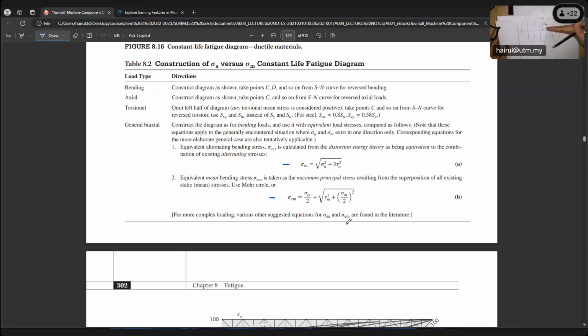The average, the limit is Sut. But Sy, yield strength, is actually lower than your Sut. So this is your yield strength. Yield strength tensile, because the positive side is tensile and the negative side is compression. Syt. So we have a border we need to consider.